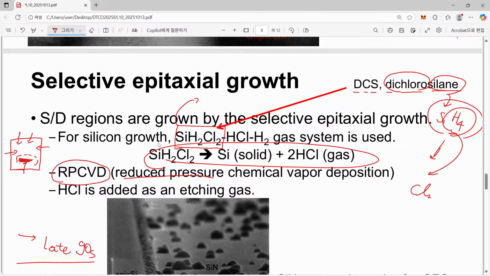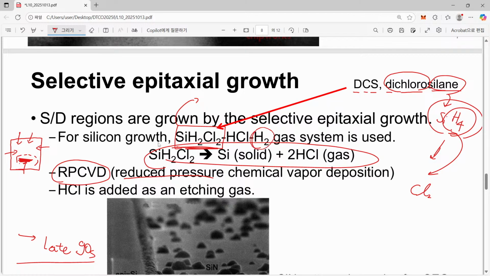The reason why we are using this DCS instead of silane is it has lower activity. So it is not as active as silane, because if we use silane, then this process becomes too active, so we cannot control it. We have to reduce the reaction speed. That's the reason why we use this DCS.